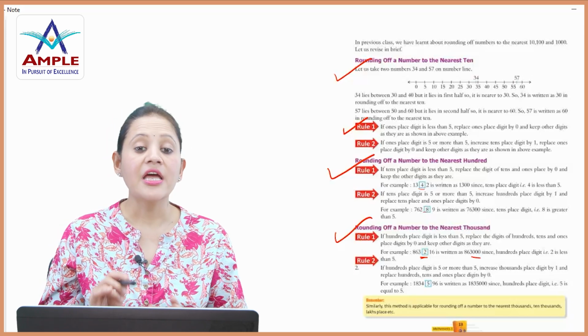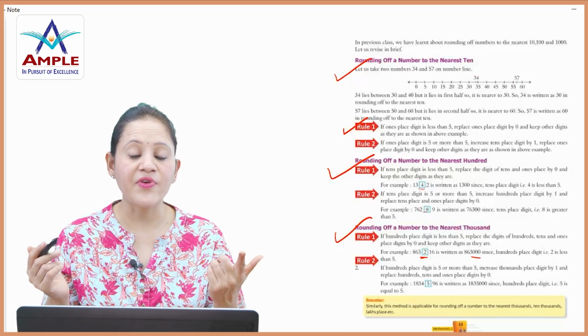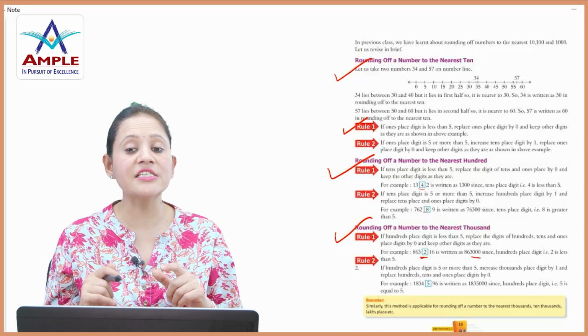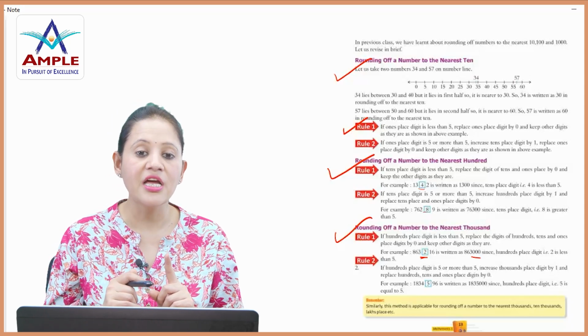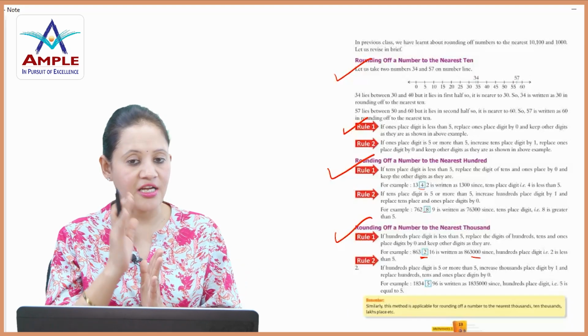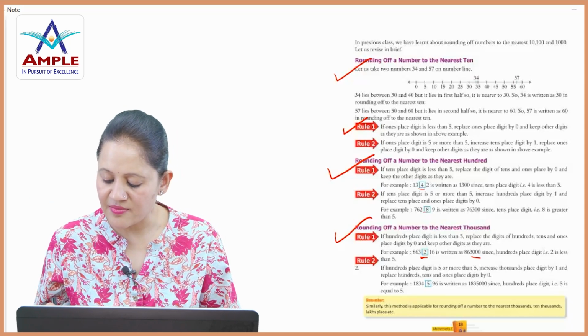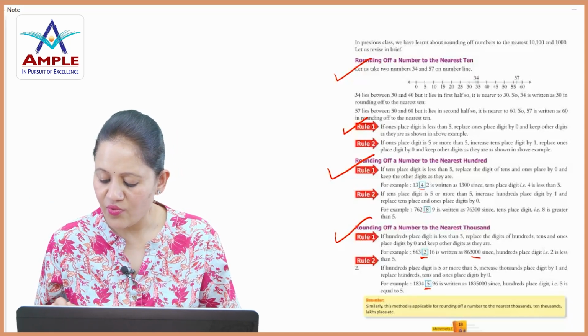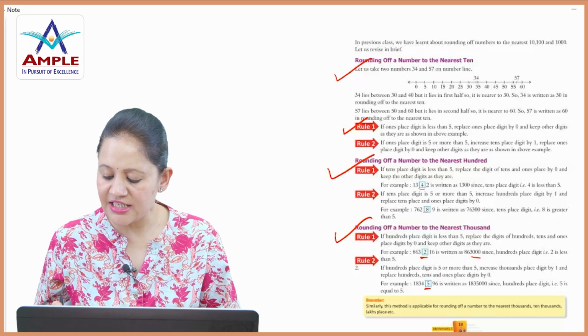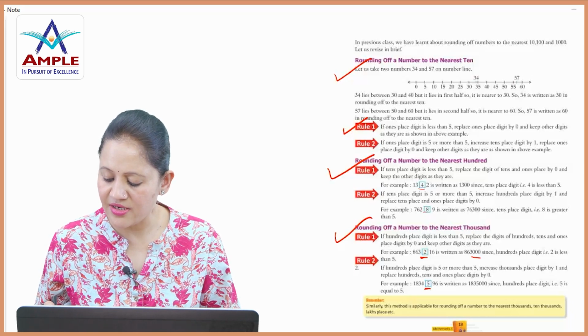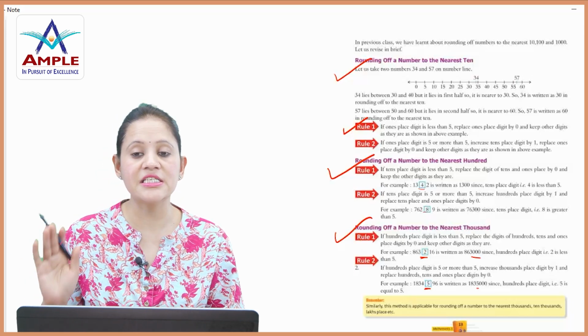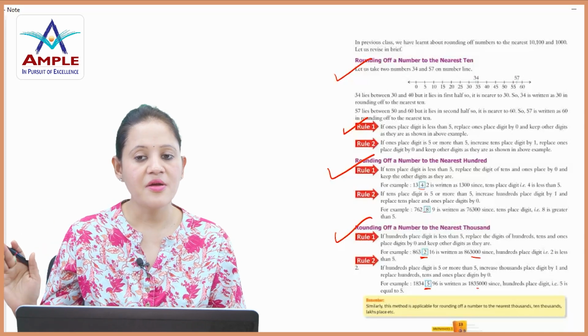There is no change in other digits. Clear? If the hundreds place digit is 5 or more than 5, we will increase the digit at thousands place by 1 and replace the other digits at hundreds, tens and ones by 0. For example, here the digit at hundreds place is 5. So, we will increase the digit at thousands place by 1 and replace the digits at hundreds, tens and ones by 0.